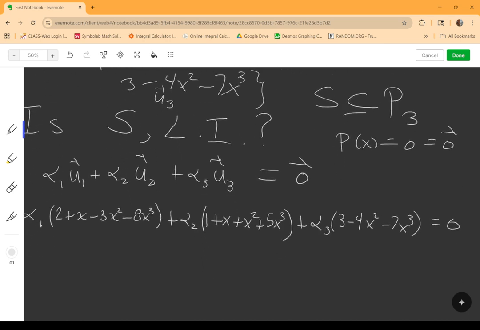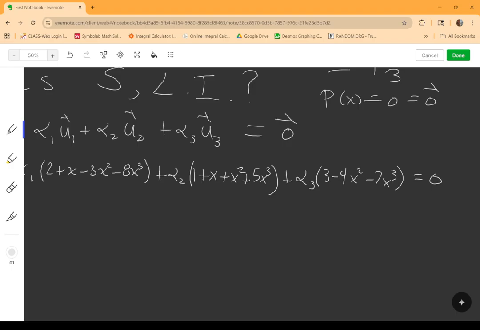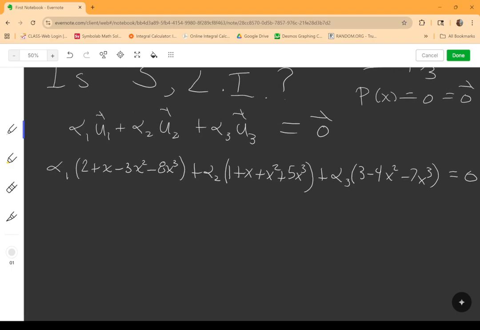The idea here is that you multiply and then collect the like terms. So all the constants, looking here, are 2, 1, 3. So 2 alpha 1 plus alpha 2 plus 3 alpha 3.